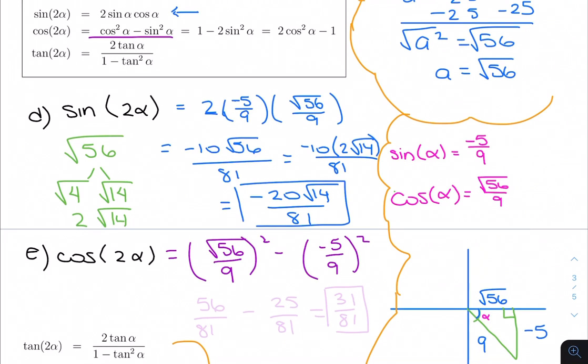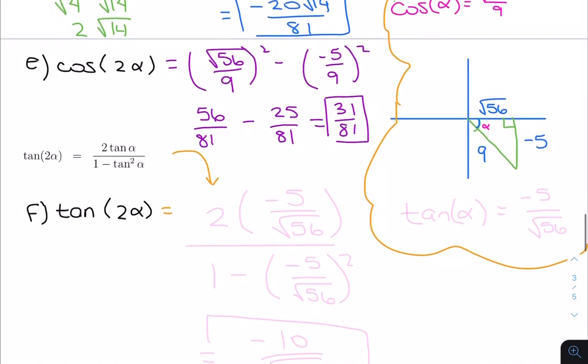We would just plug everything in. So remember, again, when we square something, we have to square both numerator and denominator. So the square cancels out, and we're left with 56 over 9 squared, which is 81, minus 25 over 81. And since they have the same denominator, we can subtract them. So this is just equal to 56 minus 25, that's 31 over 81. So this is our final answer for that.